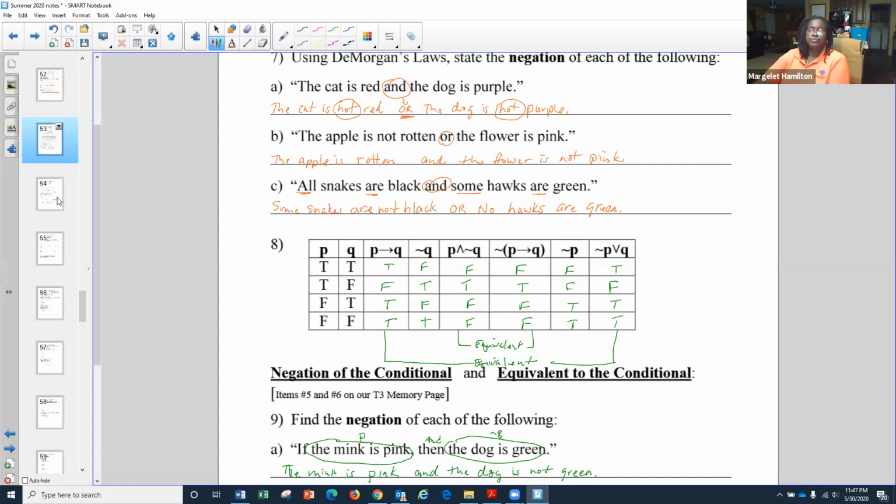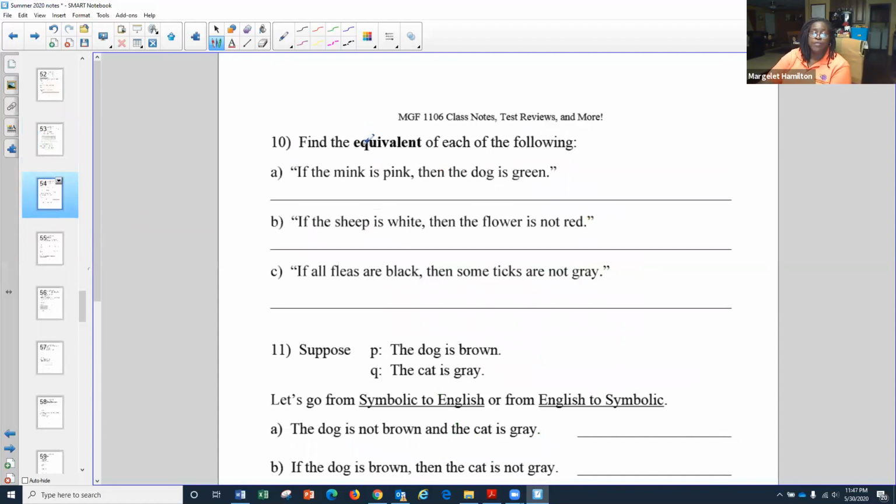Okay, let's do it. So when we're writing the equivalent to the conditional, we have negation P or Q. So here we are. We have if the mink is pink, then the dog is green. Becomes now the mink is not pink, or the dog is green.